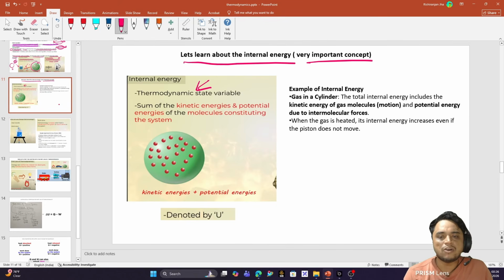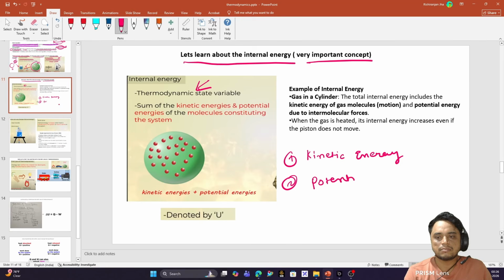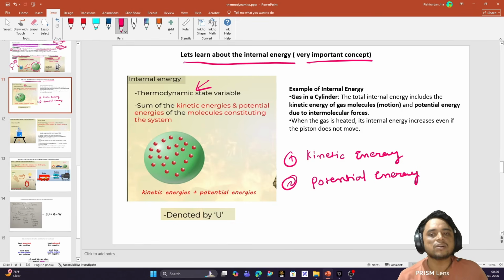You might all be aware of what kinetic energy and what potential energy is.